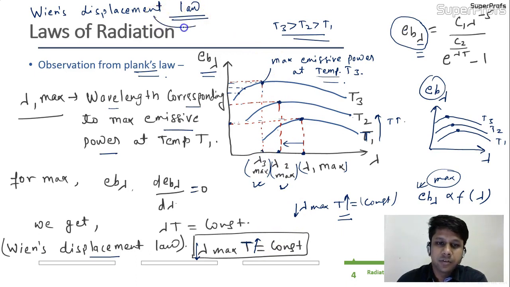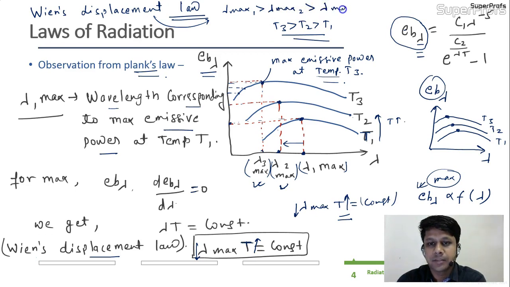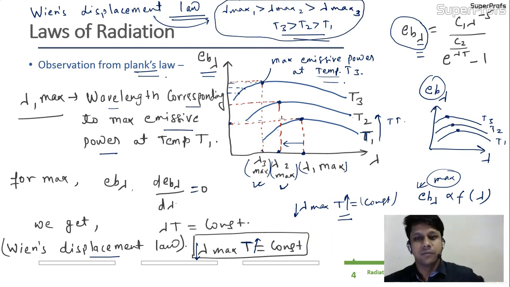So the displacement of lambda max value: lambda max 1 is greater than lambda max 2, which is greater than lambda max 3, right? So this is the displacement of lambda max, and this law is known as Wien's displacement law.